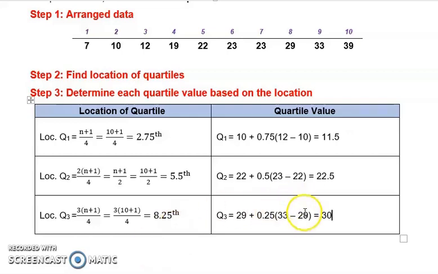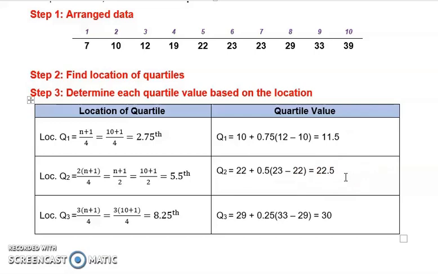Okay, recall when you calculate the median. The median is Q2, and for the median you will always get 0.5 here. Before this, how do we calculate the median? For an even number of data, you calculate the average of the two middle numbers. So if the location for a quartile is 0.5, you can also use the average method.